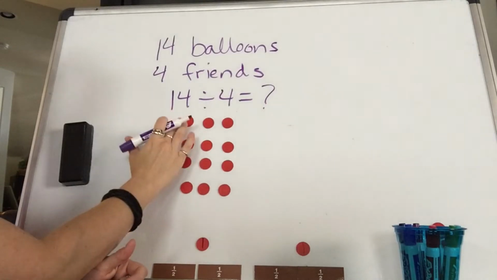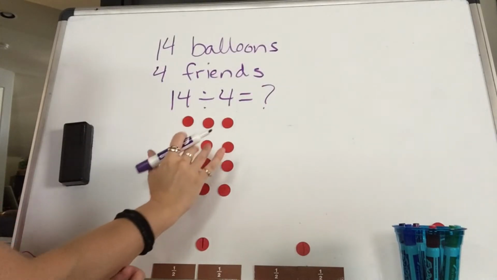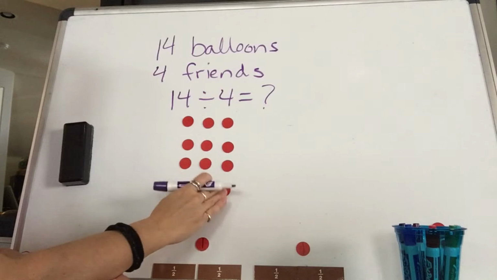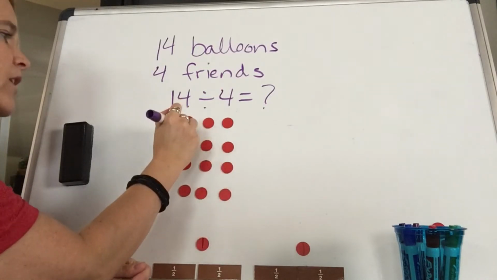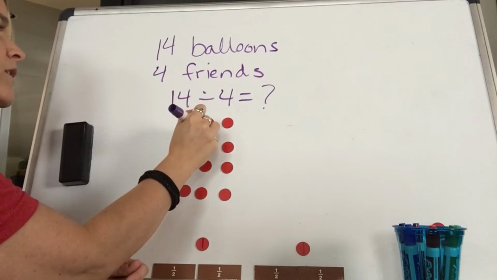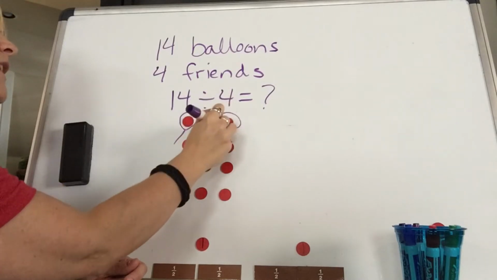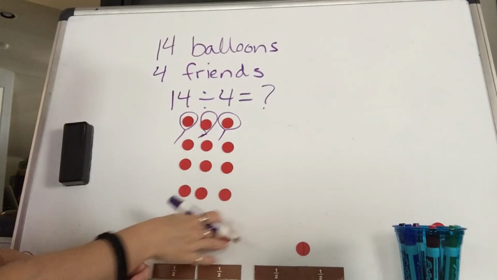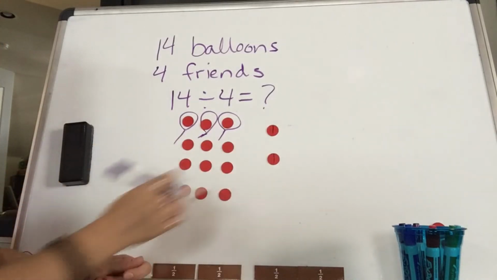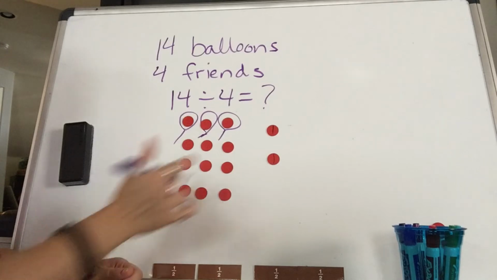Well, again, we know that 12 divided by 4 left me with 3 per friend, right? So now they're balloons, and I know that each of my friends gets 3 balloons. But again, here we are. I've got 2 extra balloons over here.